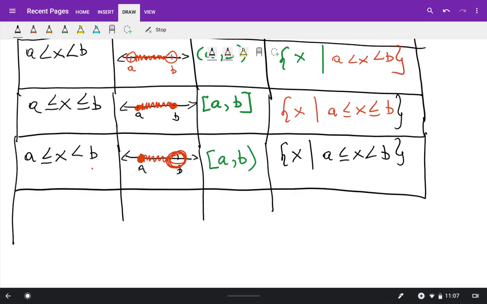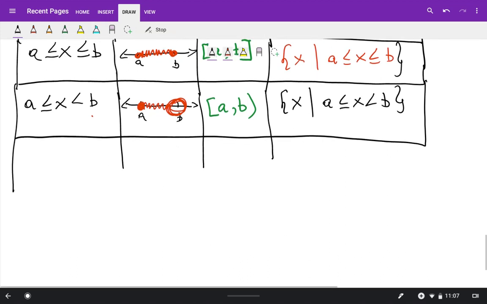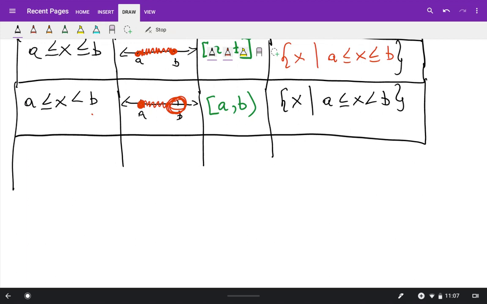Okay, and we have two more. Last one, I think. x is greater than a, however, is less than or equal b. Okay, so to graph it, we're going to put a and b on the number line.